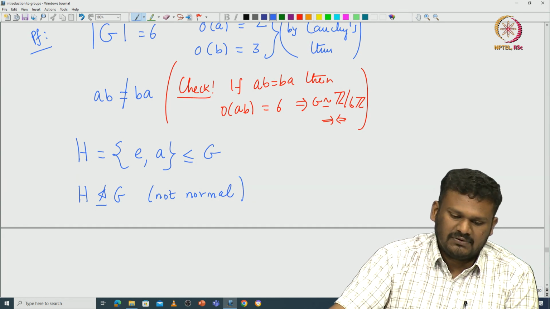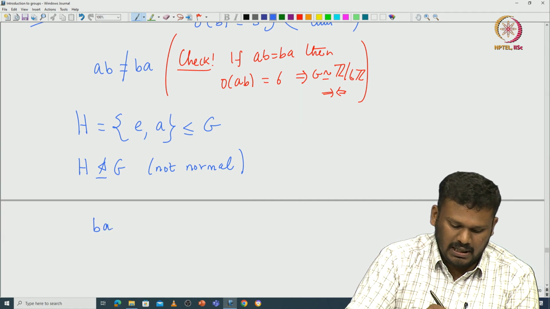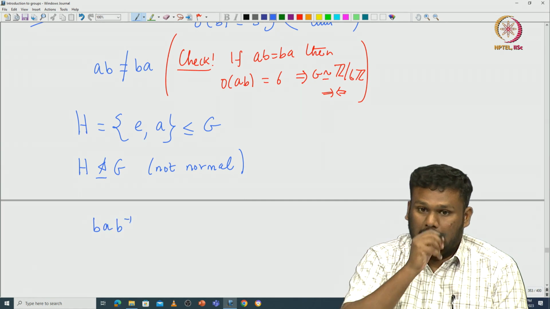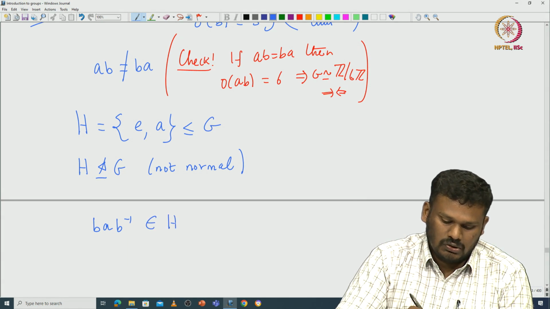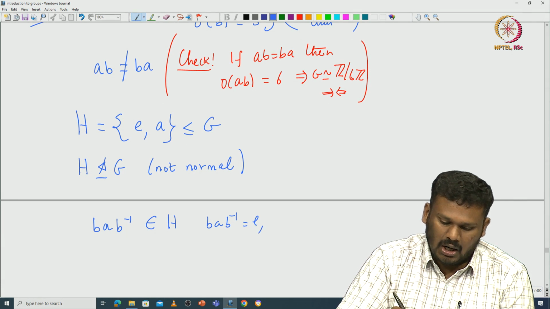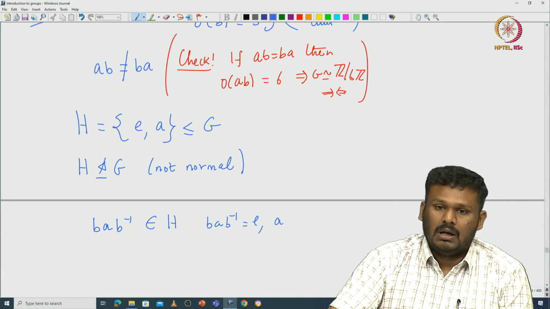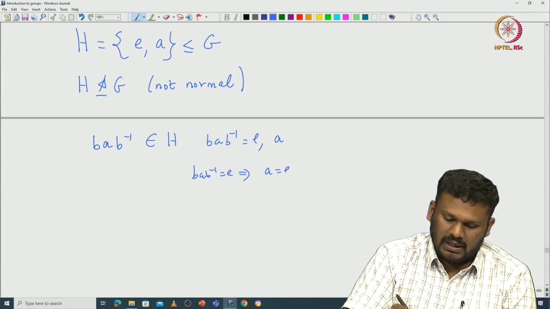Why? Because we can take conjugate of A by B, look at B A B inverse. So, if it is normal, then this has to be inside H. So, B A B inverse either has to be identity or A, but in both cases we have issue. If B A B inverse is identity, then that would imply that A equal to identity, which is contradiction.